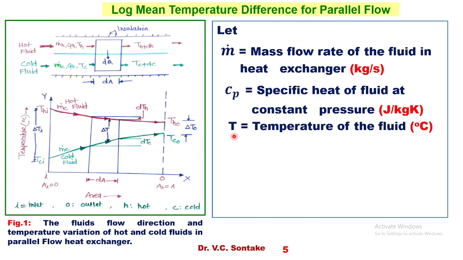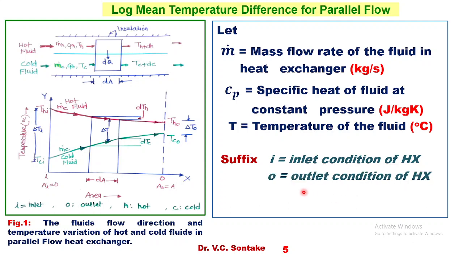Capital T represents temperature of the fluid in degree Celsius or Kelvin. Suffix i represents inlet condition of the heat exchanger, o represents outlet condition, small h represents hot fluid, and suffix c represents cold fluid. So with this nomenclature, let us move on.